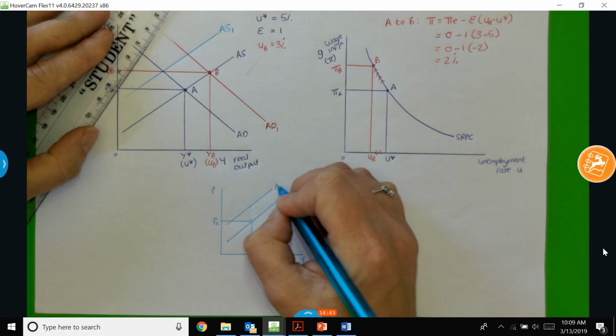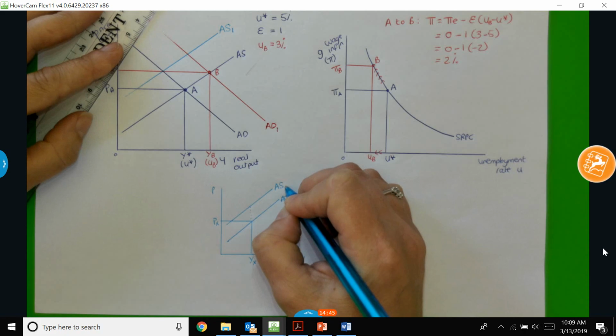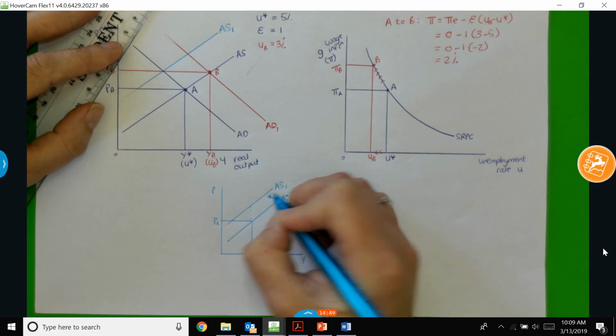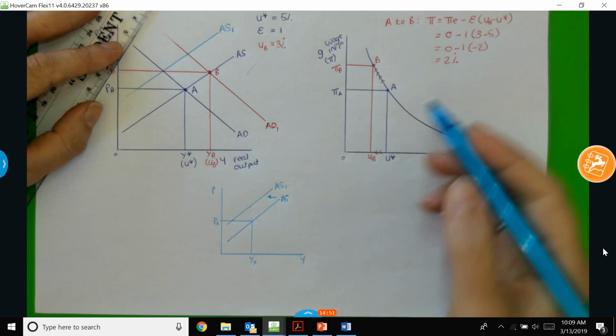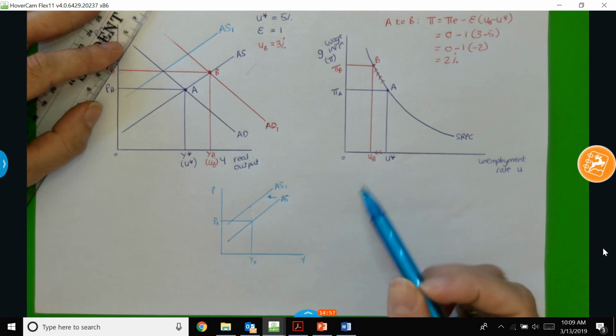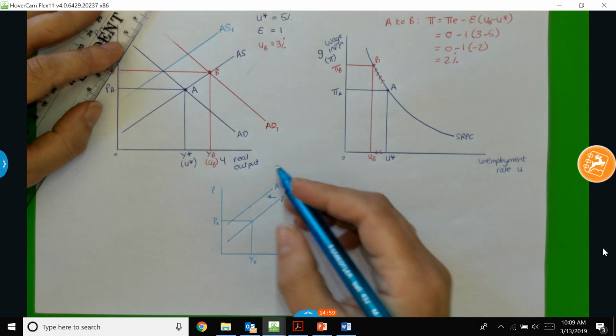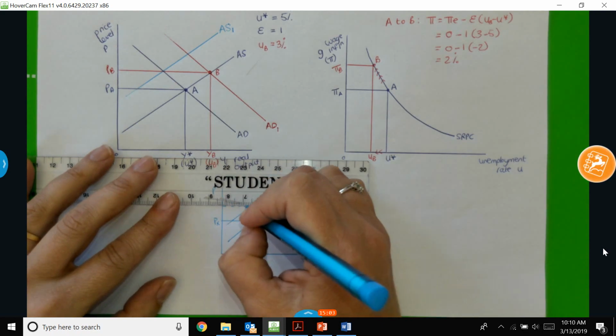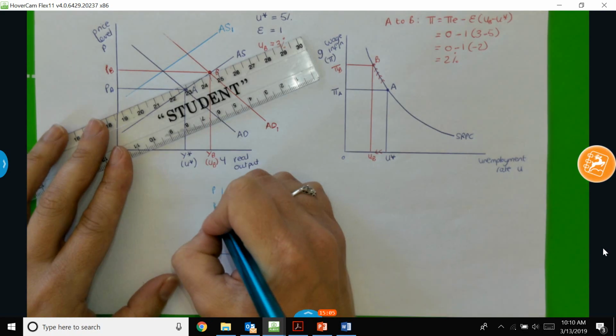So when firms' costs of production rise, we show that as an upward or leftward shift of the aggregate supply curve, indicating that whatever the quantity of goods and services is that firms are able to supply, when their costs of production rise, they will supply that quantity of goods and services at a higher price.